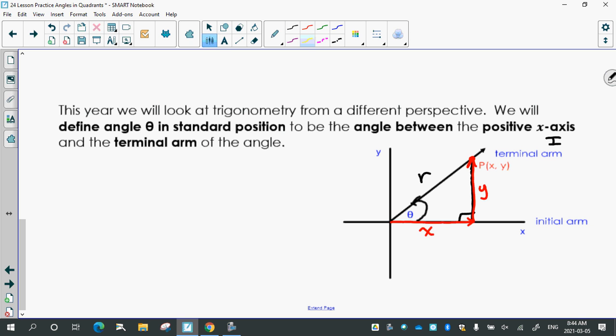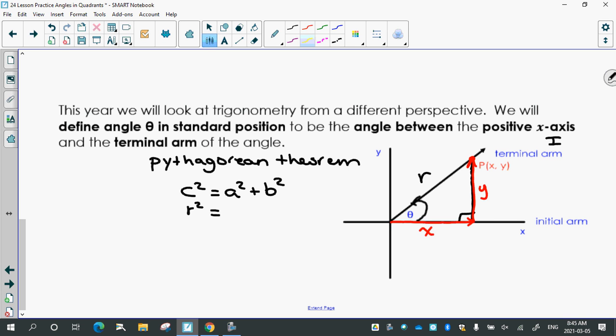And r, x and y are related by the Pythagorean theorem for right angle triangles. So if you remember the Pythagorean theorem, it was c squared equals a squared plus b squared. But what had to be special about c? Which side did it have to be? The hypotenuse? Everyone agree? So in our case, c is going to be r, and instead of a and b, we're going to use x and y.